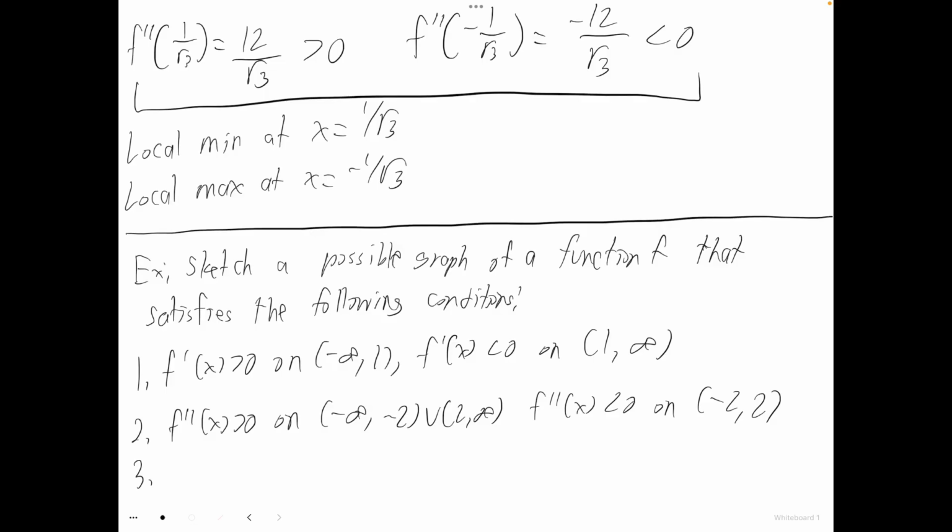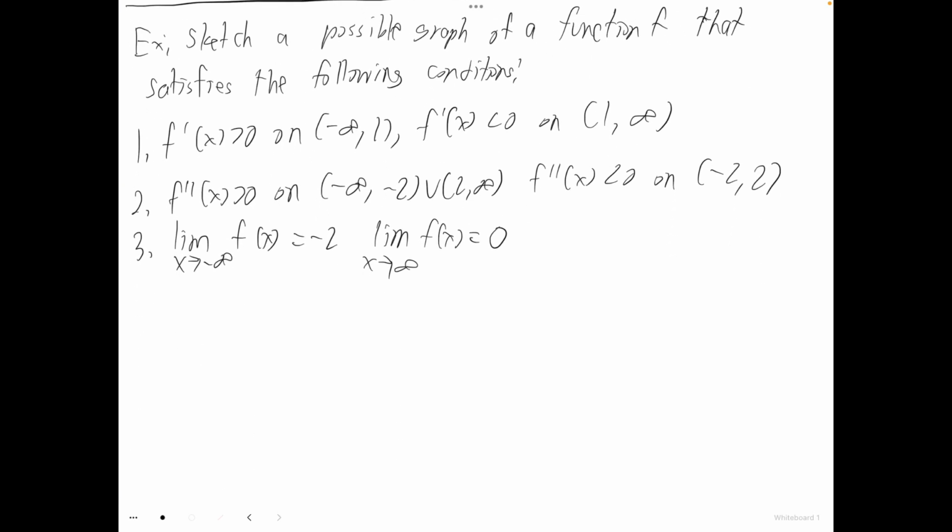And then third, the limit as x goes to negative infinity of f of x is negative 2, and the limit as x goes towards infinity of f of x equals 0. So we want to sketch a graph that satisfies all of these conditions.